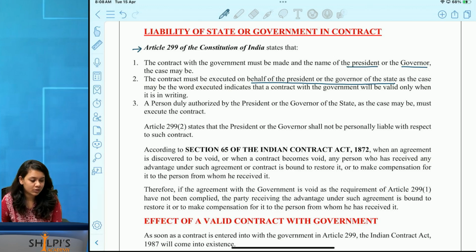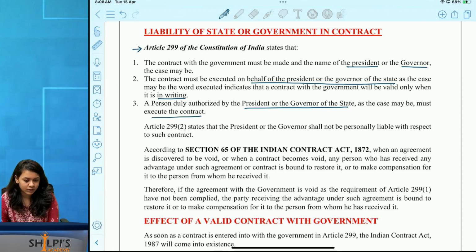It is considered valid only if it is in writing. A person duly authorized by the President or Governor of the state can execute the contract.